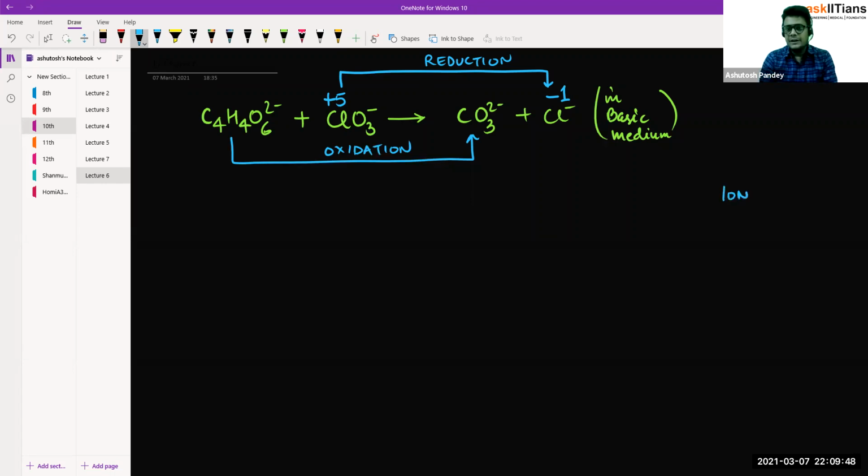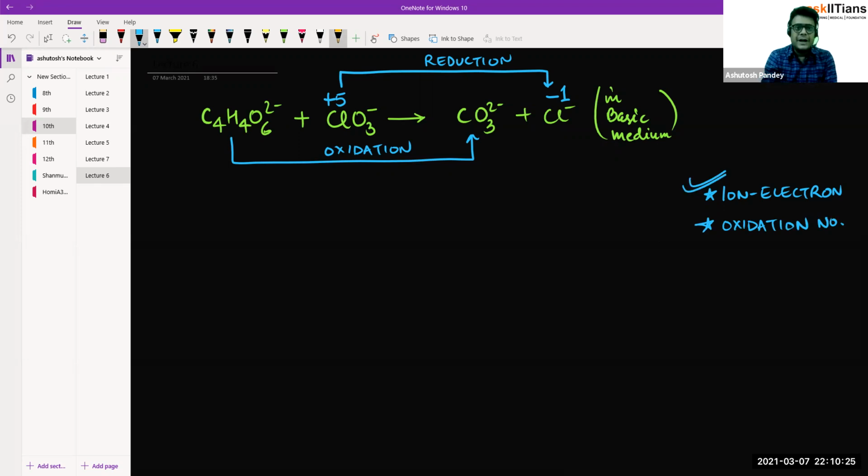One is the ion electron method, in which species are written in ionic form, and we balance the number of electrons in each of the half reactions, reduction and oxidation, and that's how we balance the redox reaction. The second method is the oxidation number method.